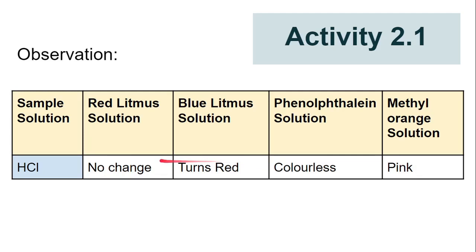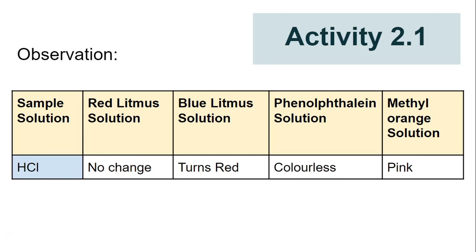These are the observations for hydrochloric acid. As we have learned in our previous classes, if a solution turns blue litmus red, then it is an acid. So we can say that HCl, the hydrochloric acid, is an acid.